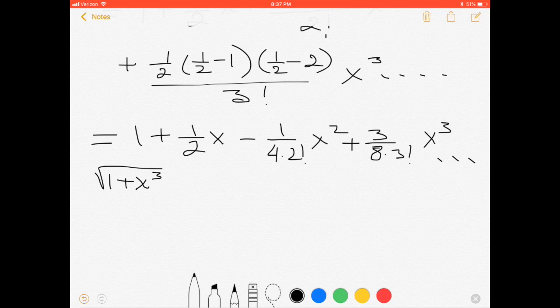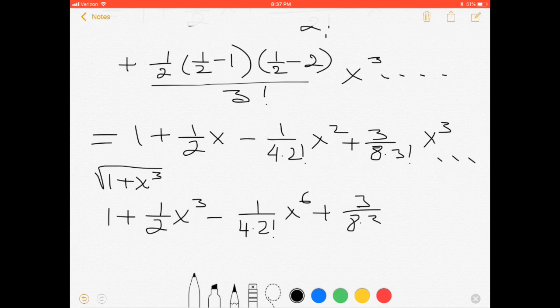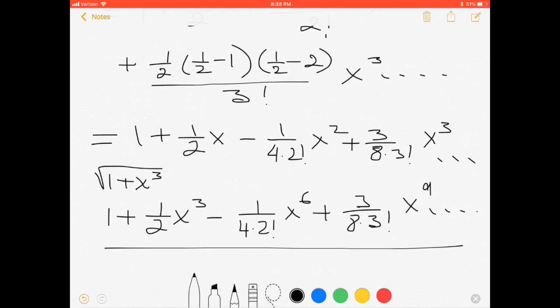And for function f(x), our binomial series will be 1 plus 1 half x to the third minus 1 over 4 times 2 factorial x to the third squared, it will be x to the 6, plus 3 over 8 times 3 factorial x to the 9th, and you can continue. This will be the final answer.